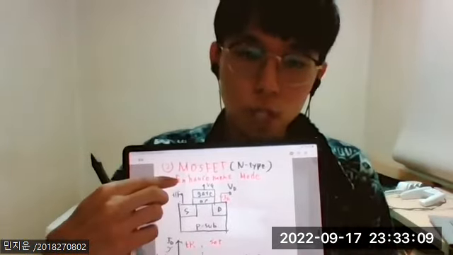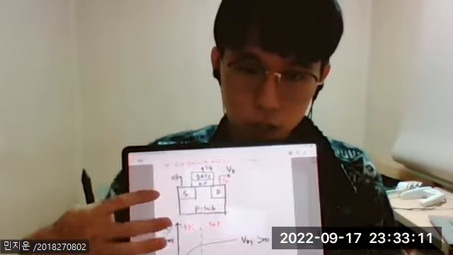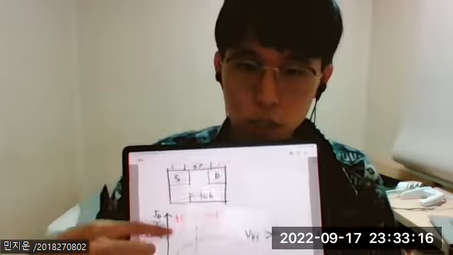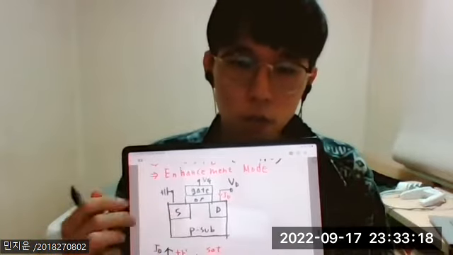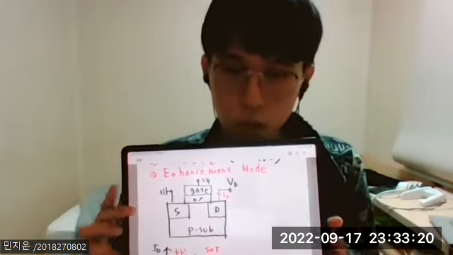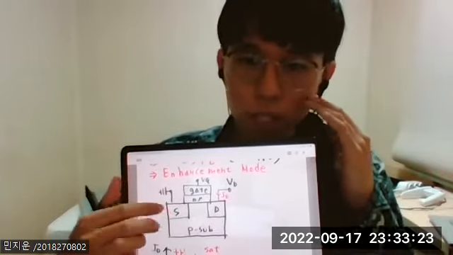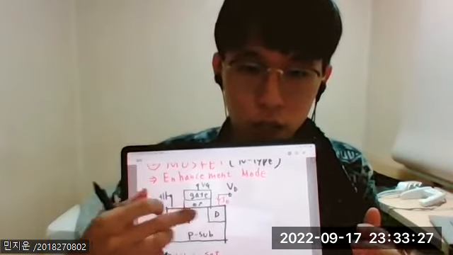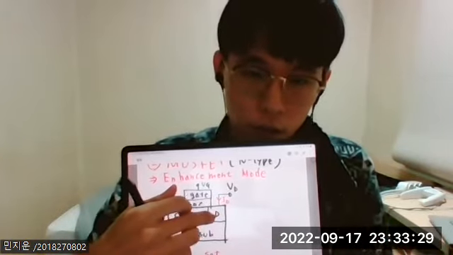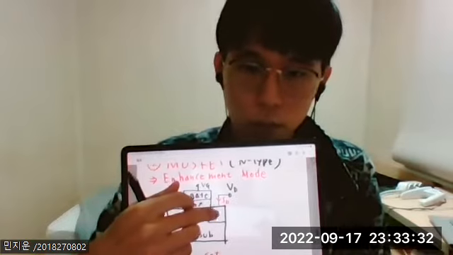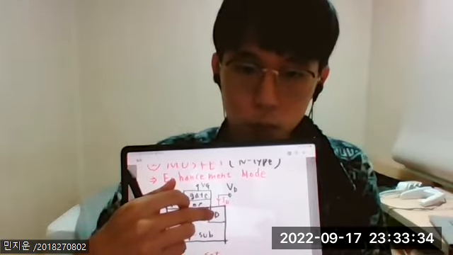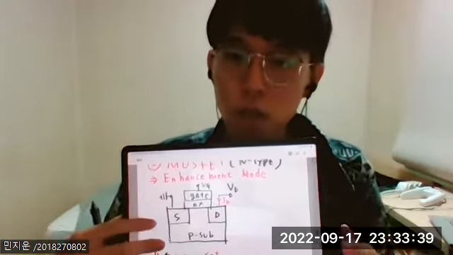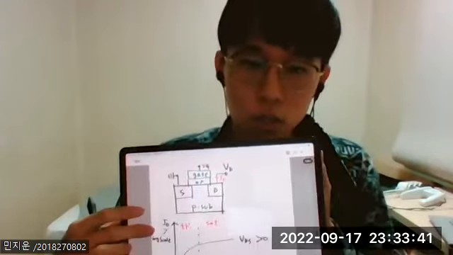Before I explain enhancement mode, you can see this picture. This picture is similar to the MOS capacitor. The MOSFET is just adding the source and drain by n-type doping.